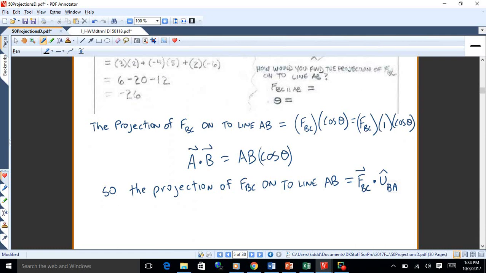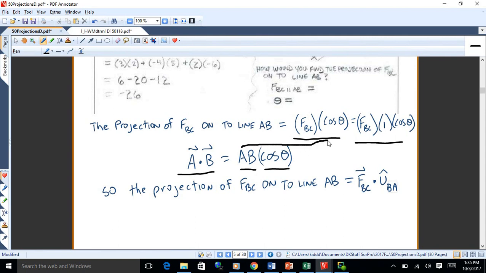All right, so what we have here is the projection of FBC onto line AB is FBC times cosine theta. What that equals is FBC times 1 times cosine theta. Those are equal things. Now I know that A dot B is similar to this. It's AB times cosine theta. So we notice we've got some things that are pretty similar.